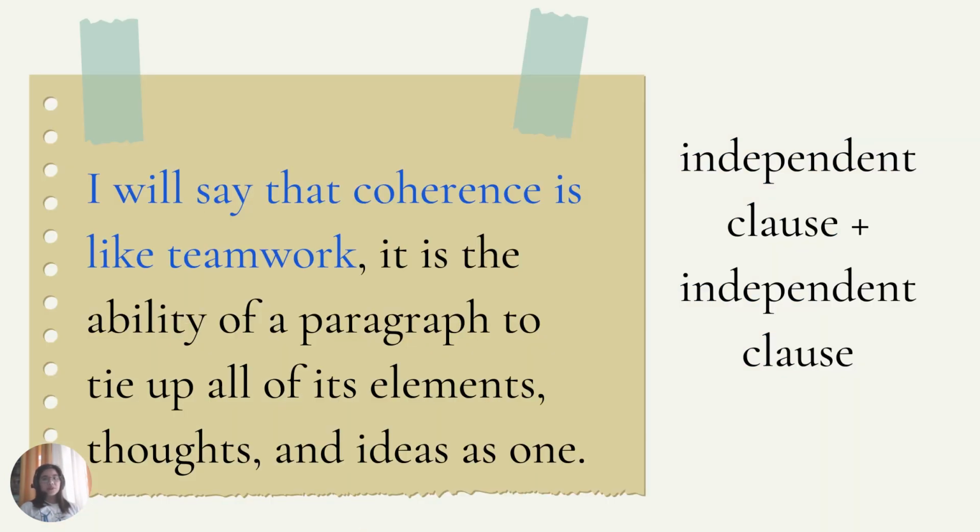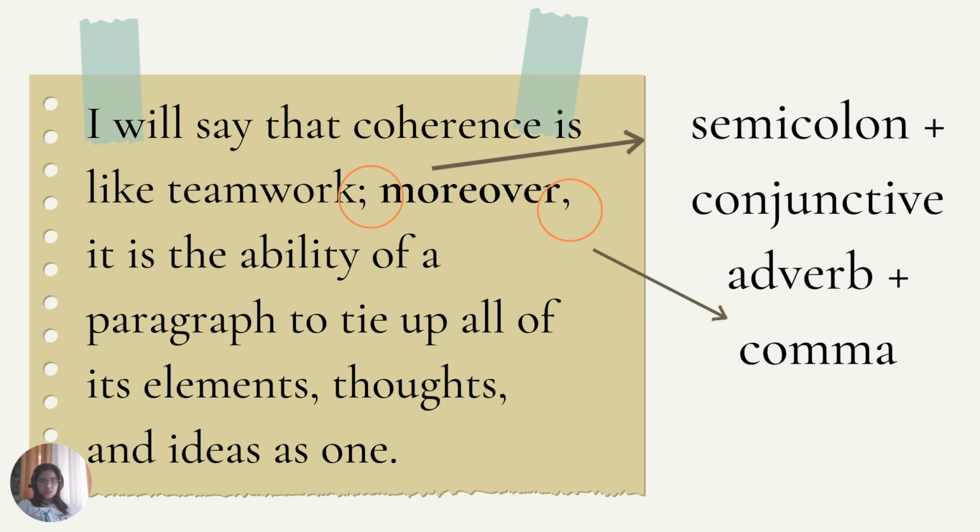So going back to our sentence, we see that the second independent clause modifies the first. I've mentioned that so many times. So in this case, we need to put a conjunctive adverb to put these similar ideas together. To correct the sentence, we need to put a semicolon in between these two independent clauses and then add a conjunctive adverb and then a comma.